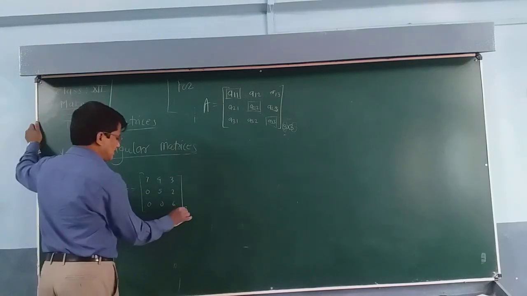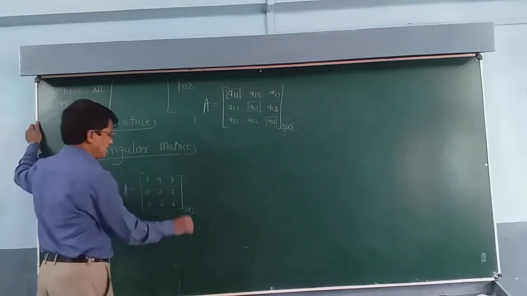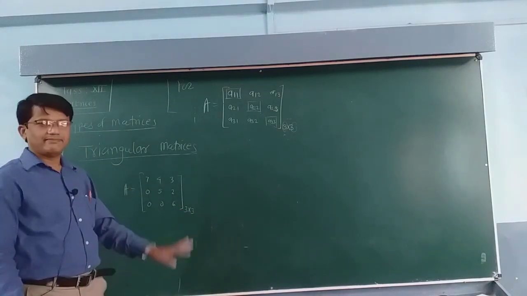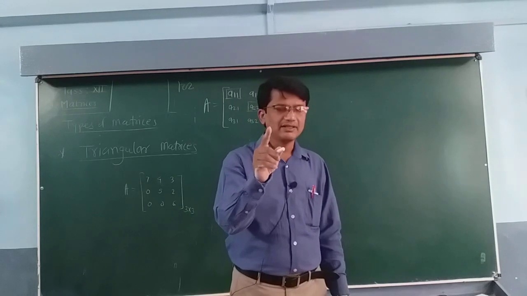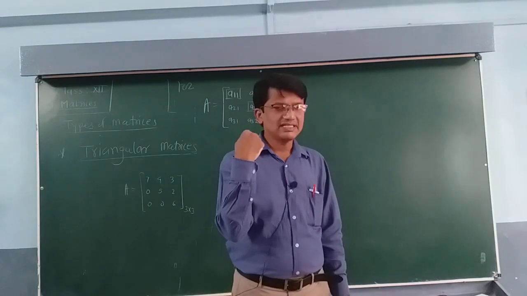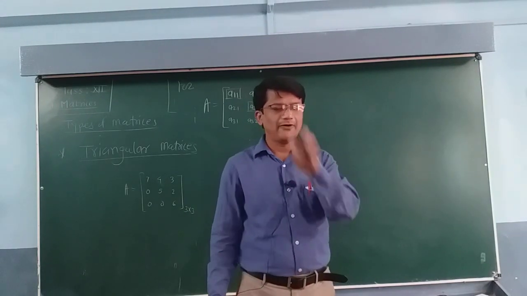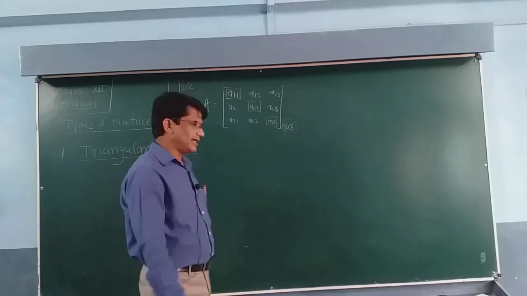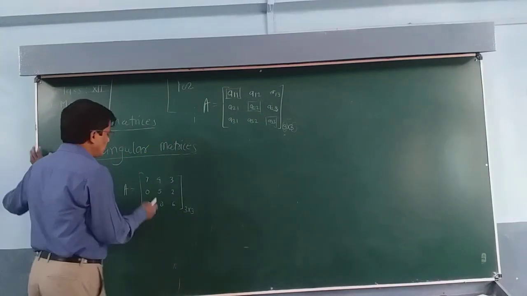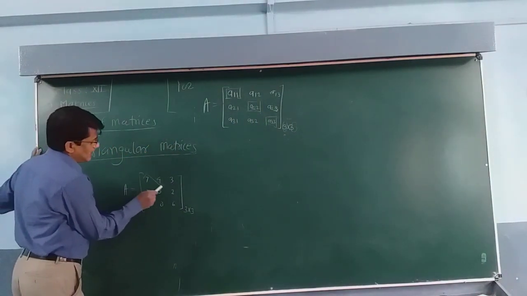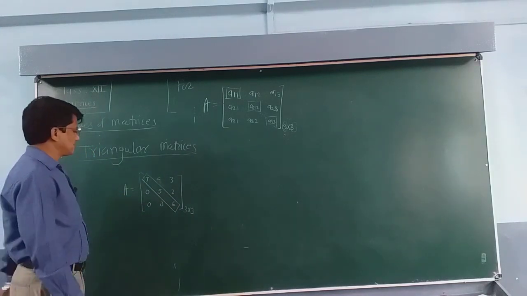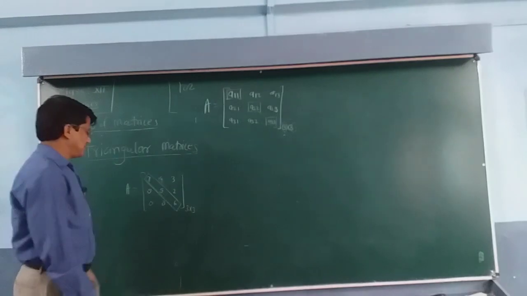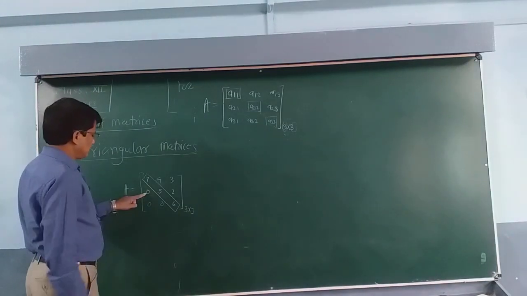The order is 3 by 3. But this matrix is in a square form, so this is a square matrix of order 3 by 3. Look here. These are diagonal elements, and the non-diagonal elements are at these positions.